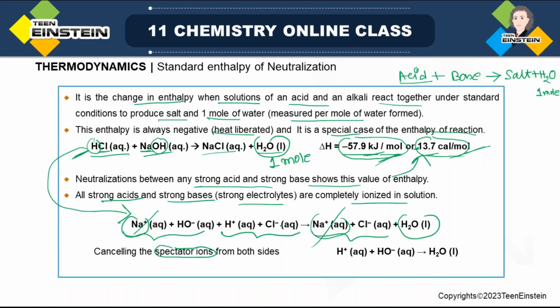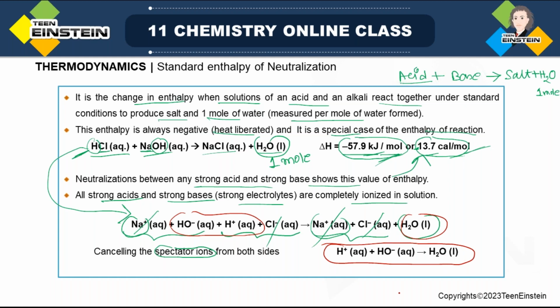Then Cl minus is also present on the left and right. Now you are left with HO minus aqueous and H plus aqueous on the left hand side, and you have H2O liquid on the right hand side. So this is the net equation you ultimately get if you cancel these spectator ions.